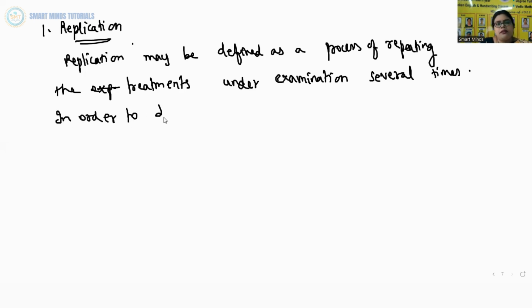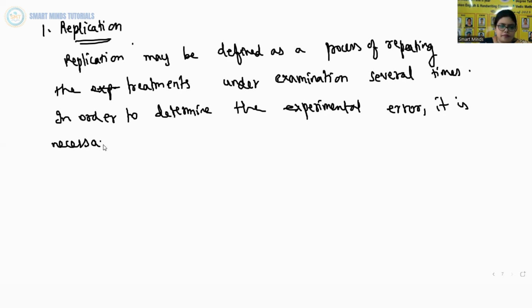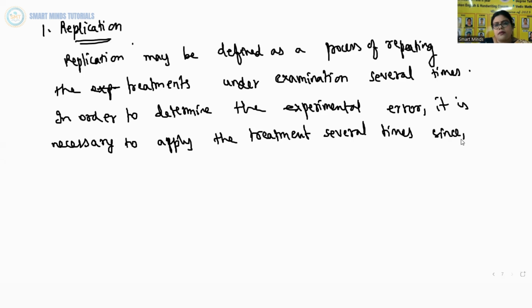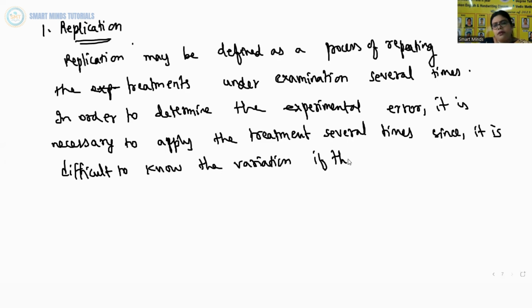In order to determine the experimental error, it is necessary to apply the treatment several times, since it is difficult to know the variation if the treatment is applied only once.